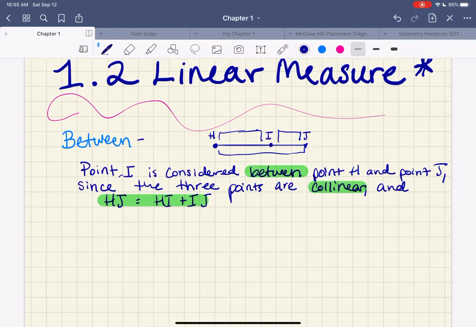So, for example, if I had a line like this, now I put arrows on the end, but that's okay, because I'm going to be talking about the segments here.